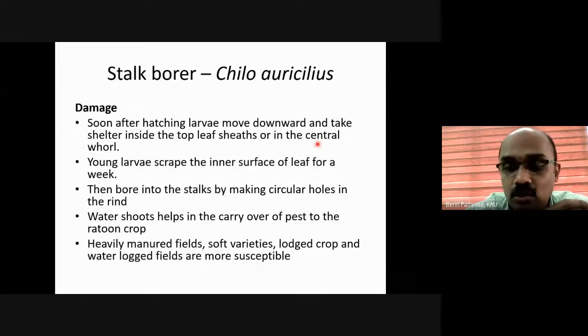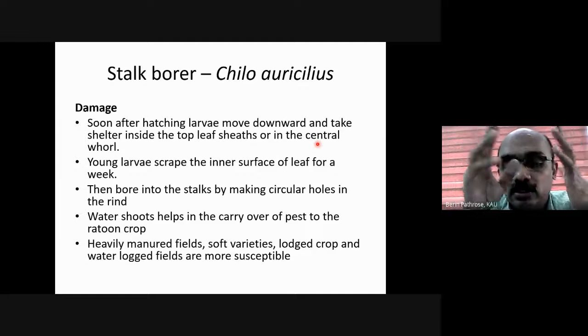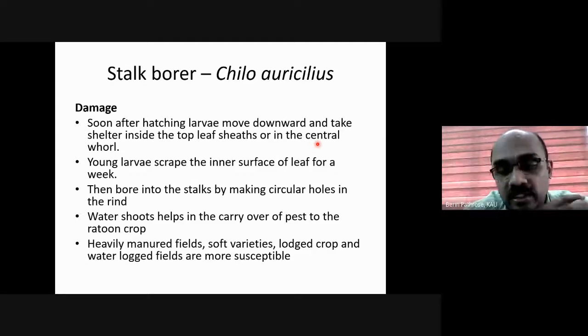Sugarcane is not a sole crop, it is usually grown as a ratoon crop also. That means after cutting, the farmers will again manure it so that they can go for a second ratoon crop. I think you know what a ratoon crop is. And here, heavily manured, waterlogged, lodged crops and soft varieties are highly susceptible to stalk borer infestation.